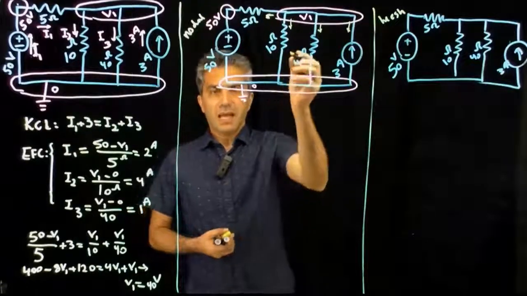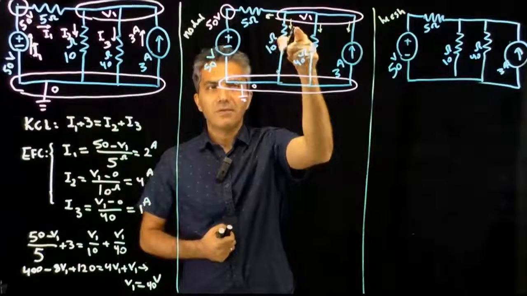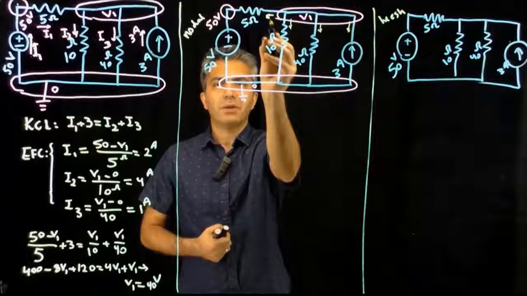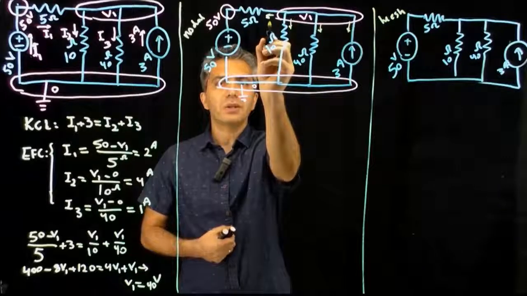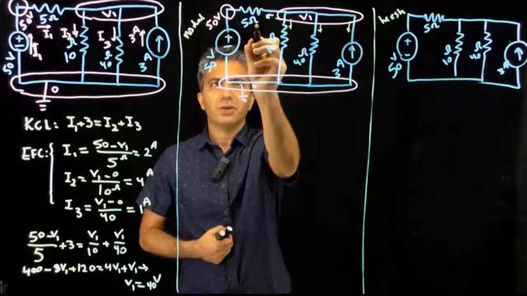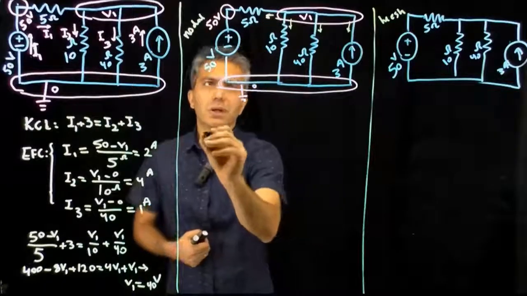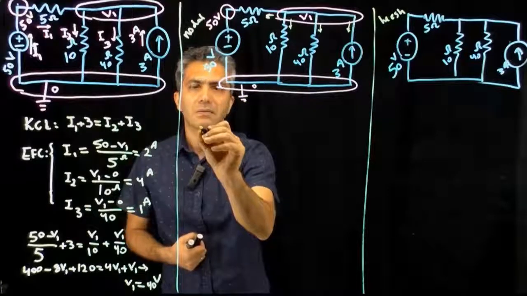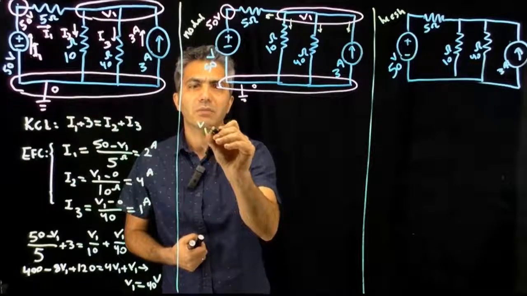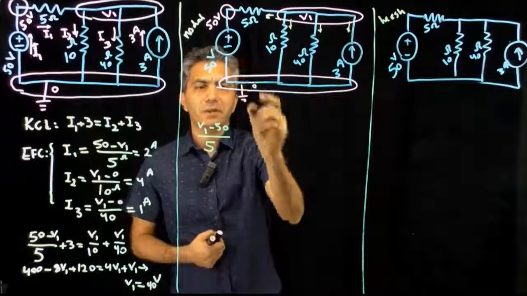And you start writing the equation for the currents that are leaving that node. If there's a current leaving that node, the equation that defines that current is this voltage minus that voltage, divided by resistance. Ohm's law for the 5 ohm. So that means (V1 minus 50) divided by 5 is leaving that node.